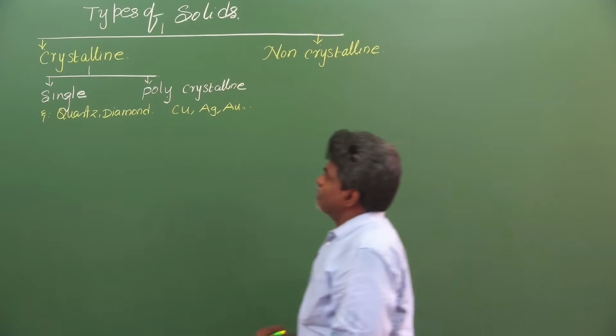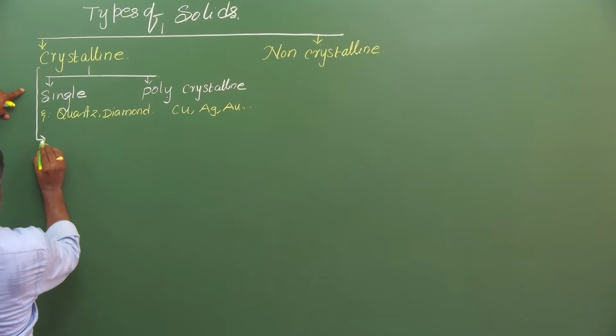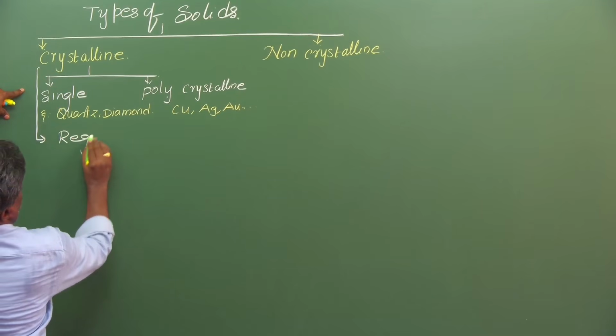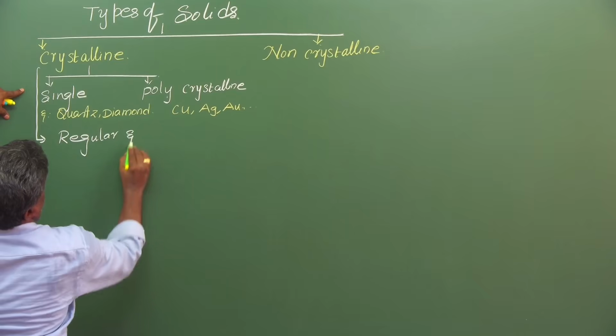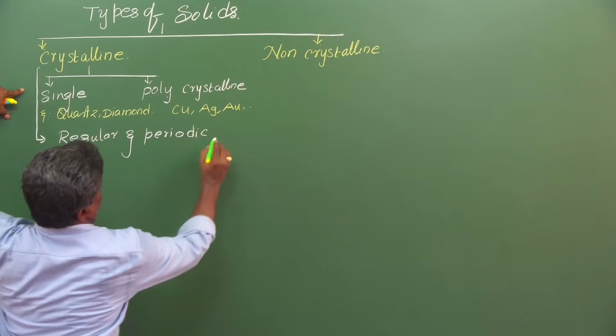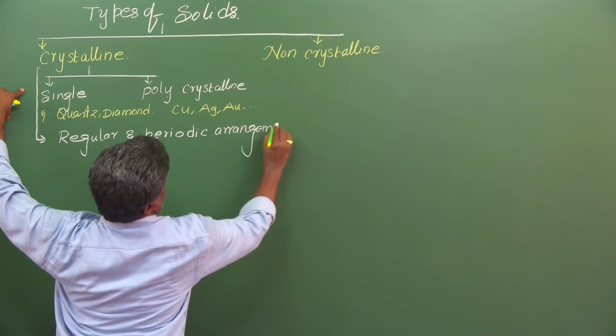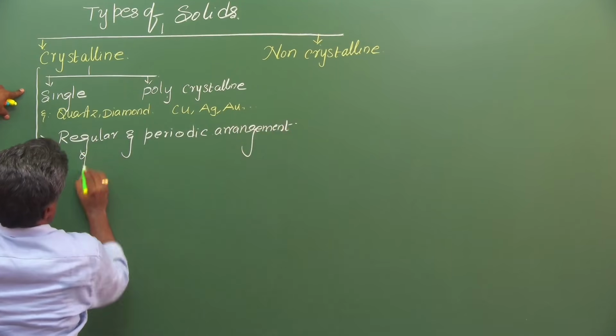So sir, first of all, what is meant by crystalline? The crystalline substances are having regular and periodic arrangement of atoms.